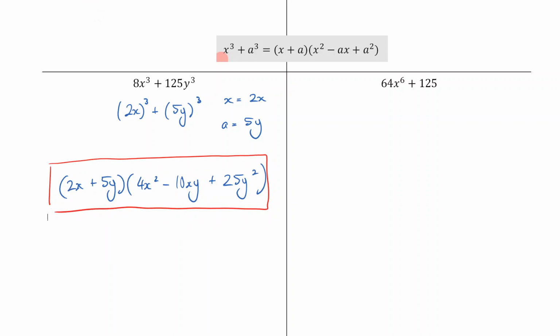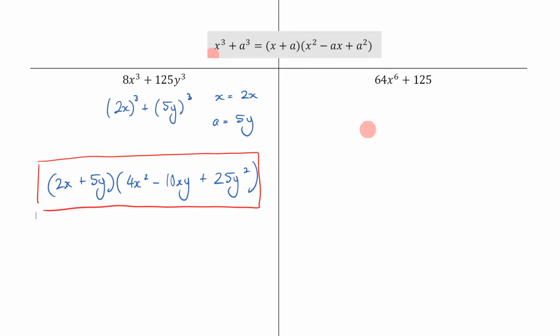Then we come to our next one. This next one is kind of weird. As soon as I see 64, I know that's 4 cubed. And now I see x to the 6. So let's just write x to the 6 here. I know this 125 is going to be 5 cubed. Now, this is where a bit of lateral thinking is involved.